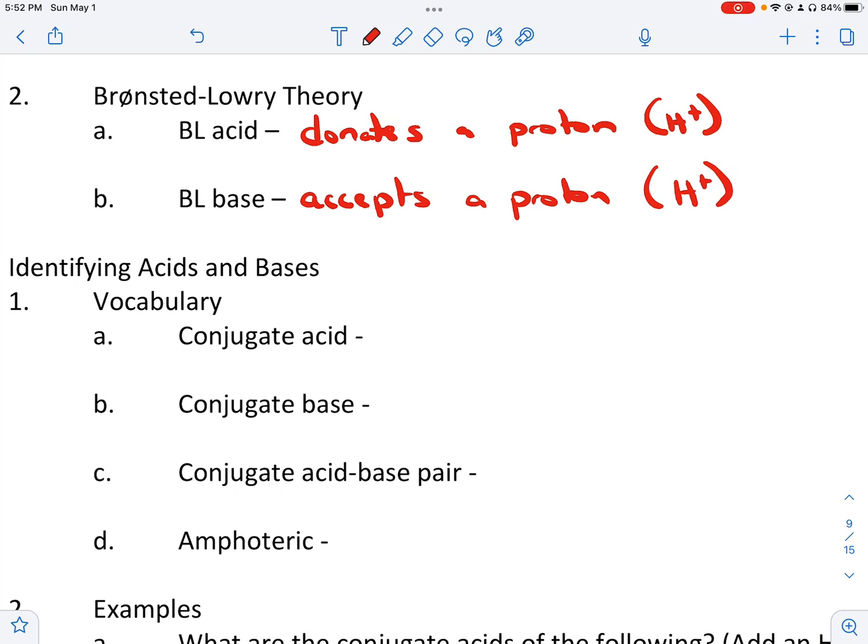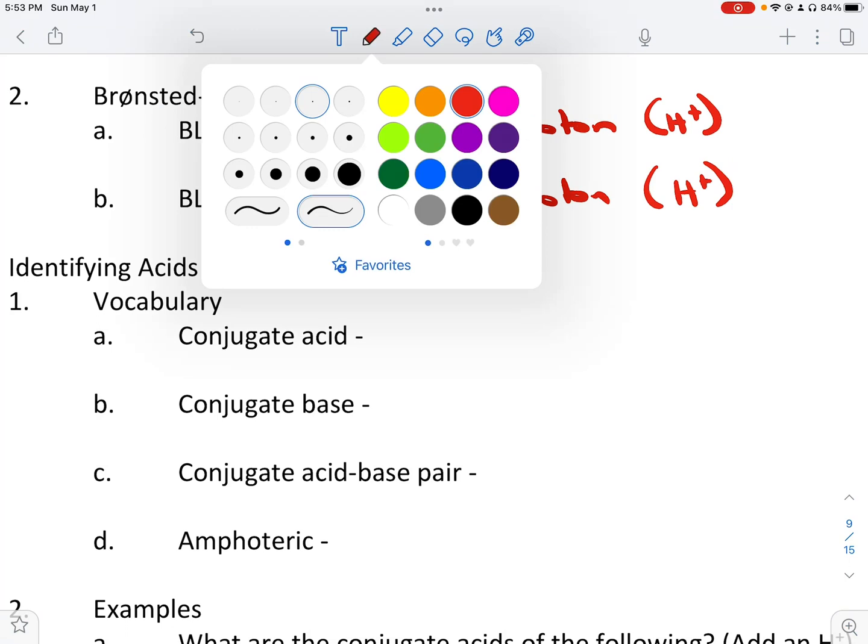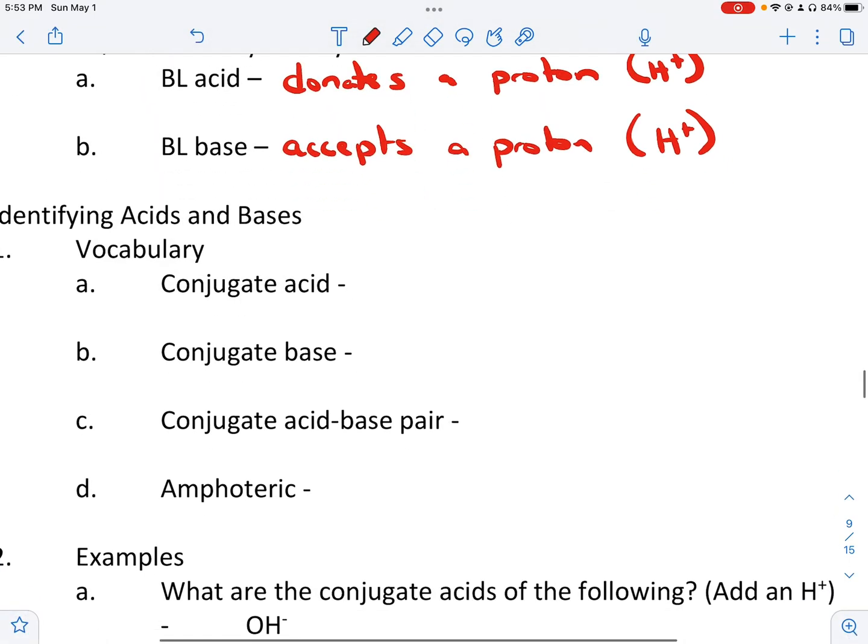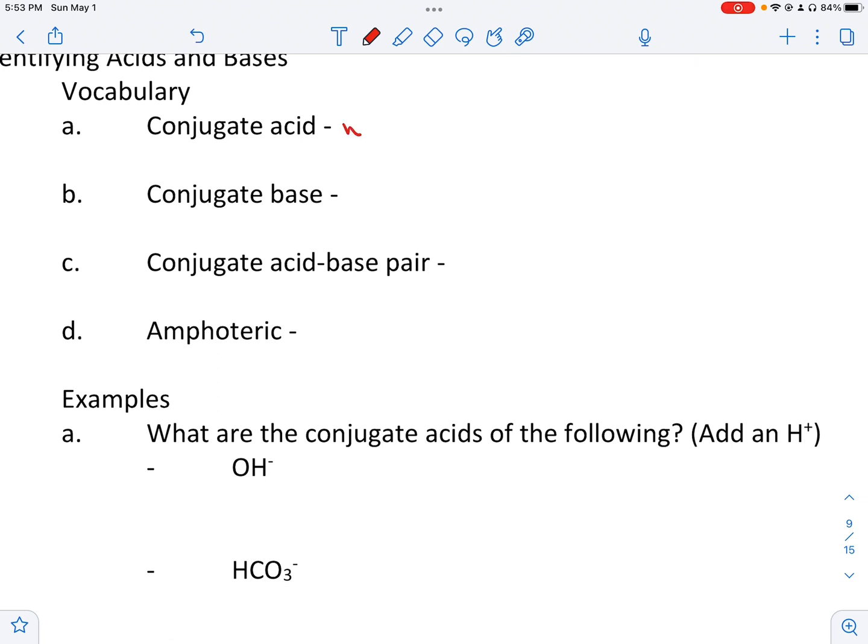A conjugate acid is the former base. It's the thing that accepted the H+. This is the one on the product side. The conjugate acid and conjugate base are found on the product side, the right-hand side of the arrow. So the conjugate acid was the base. It's the one that accepted the H+.